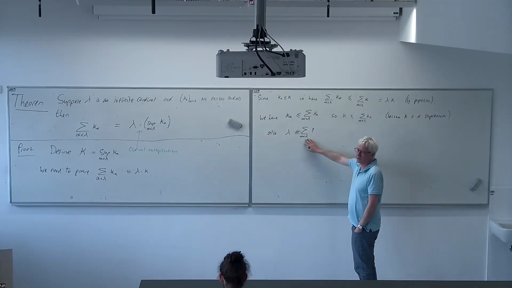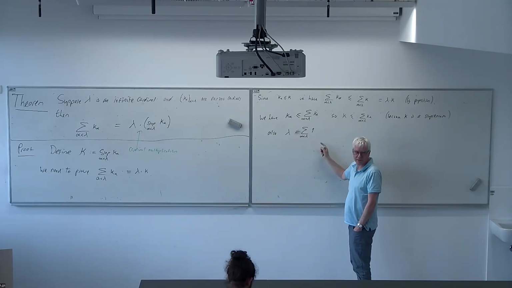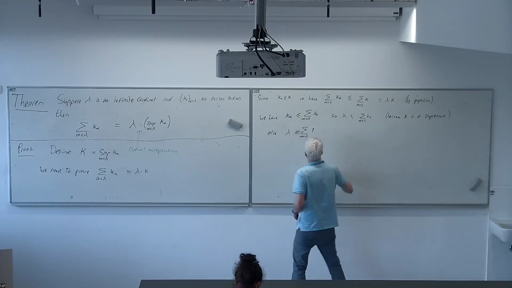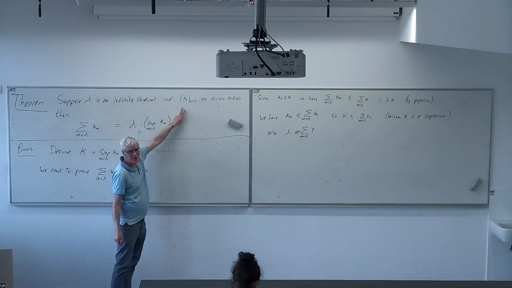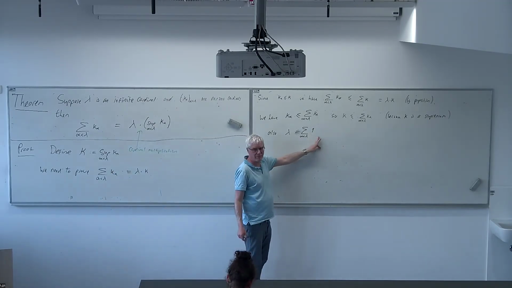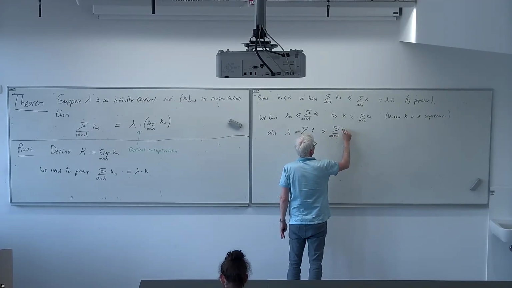Or we also get this by the proposition we had before, because the cardinality of this is lambda times 1, and anything times 1 is lambda. And once again, now we're going to use the fact that the kappa alphas are non-zero. So 1 is less than or equal to every kappa alpha. So again, by the monotonicity of sums, we get that this is less than or equal to the sum over alpha less than lambda of kappa alpha.